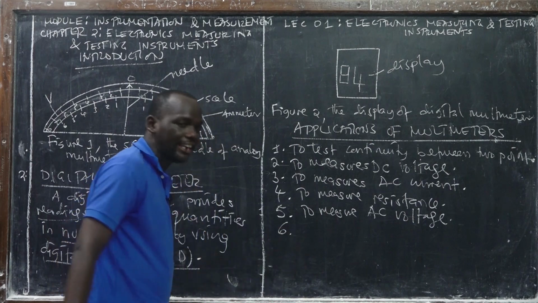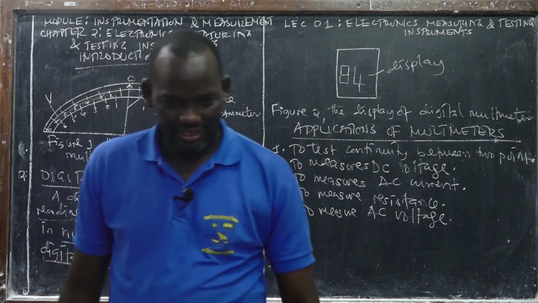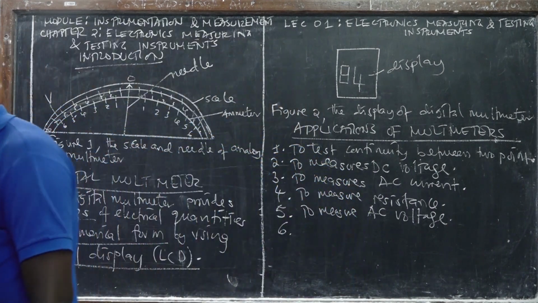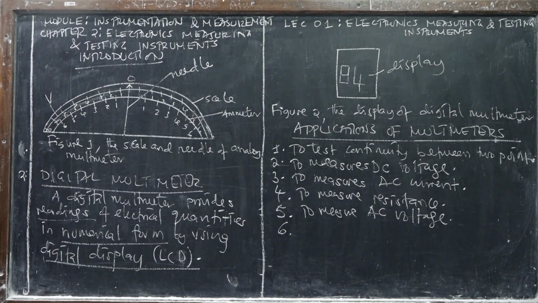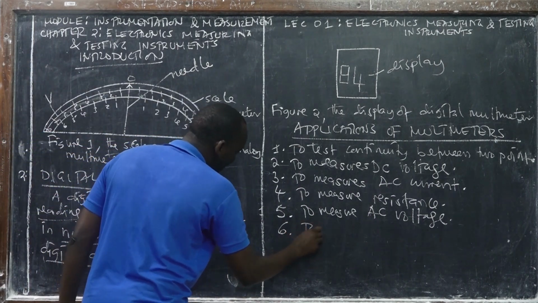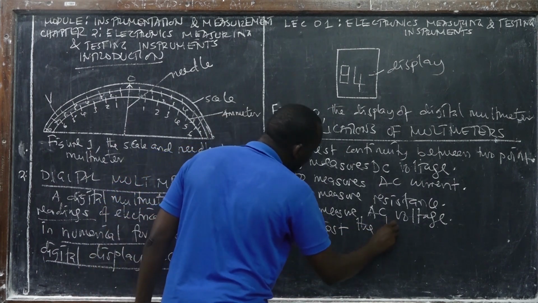Number 6, Johari, the 6th application of multimeter is? They've mentioned all of them. No, they're still there. Number 6, who can tell us the 6th application of multimeter? We still have a number. To measure transistor. Okay, good try. But actually to test the transistor.